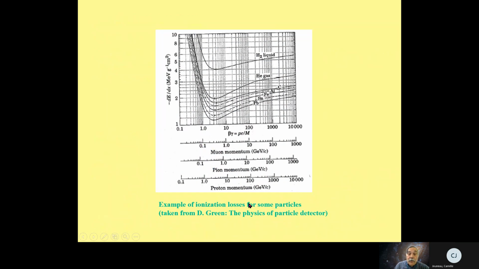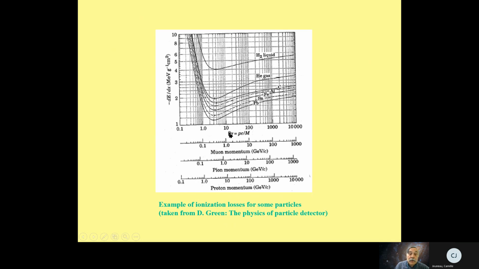How does it look if you check the dependency of these ionization losses on velocity or momentum of the particle? Here it is for different particles, multiplied by beta gamma. This is the relativistic part.